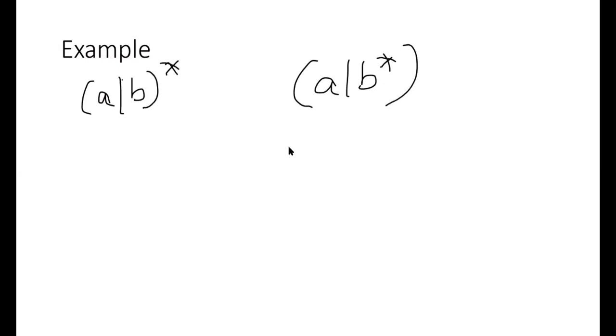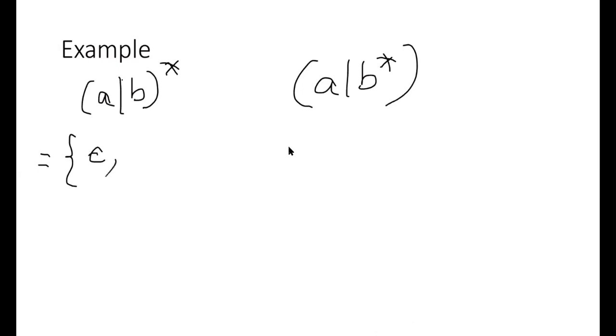If you look at (A or B) star, since the whole thing is under star, that means 0 or more repetitions of A or B.